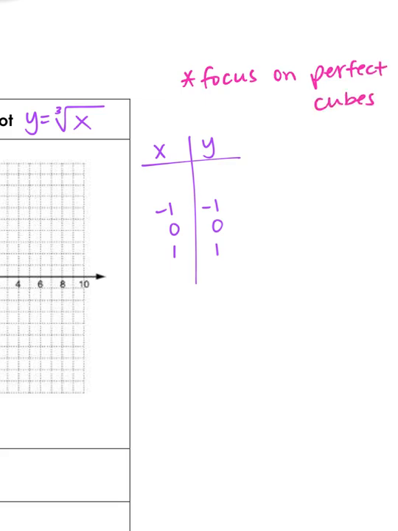Honestly, the easiest way I've found to do this is to pick whatever the next y value would be. So for example, I'm probably going to want the next y value to be 2. And then over here, I'm going to do 2 cubed, which gives me 8. On the other side, the same. The next y value I would want would be negative 2. So I would do negative 2 cubed, which gives me negative 8.